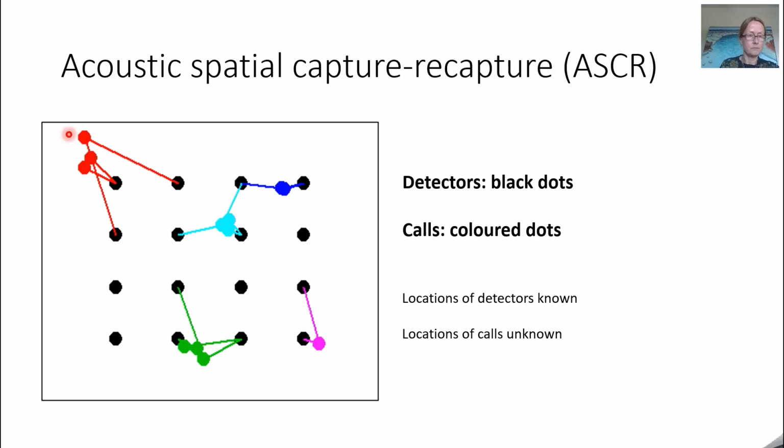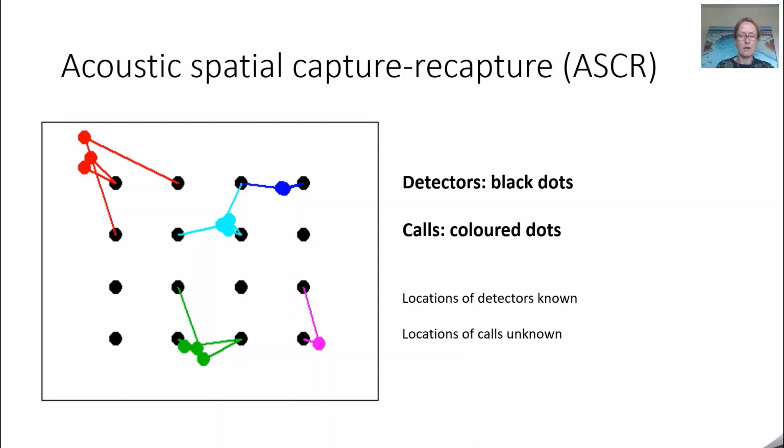So we need to be able to tell that the call detected by D2 was the same call as the call detected by D5. We need to be able to match calls between detectors. In a sense, this call is marked and recaptured by D2 and D5. This creates the mark recapture events that we will use for our SCR analysis.